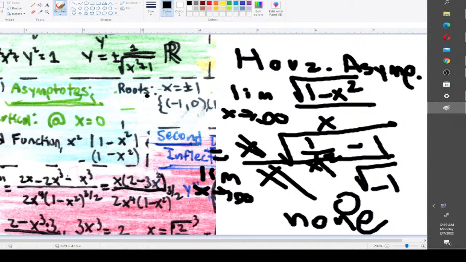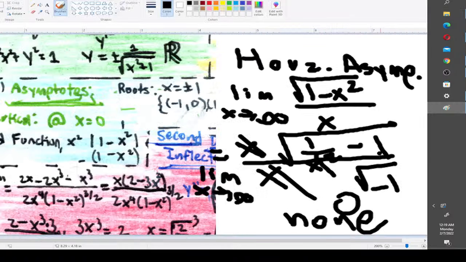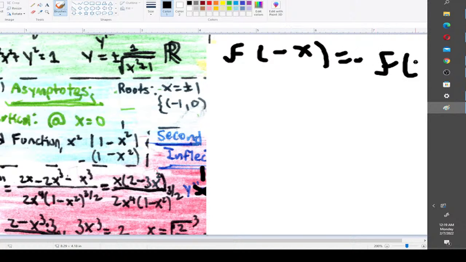Now that we know the asymptotes, we can find where it's increasing and decreasing. Another thing that'll help you before you draw the graph is to realize that this function is odd. Odd is when you plug in negative x and you can factor out a negative and get the same thing. And when it's odd, you're symmetric about the origin.